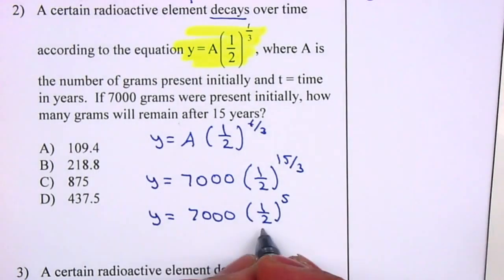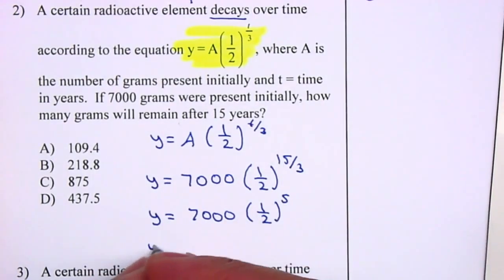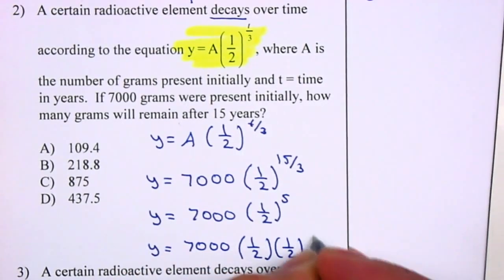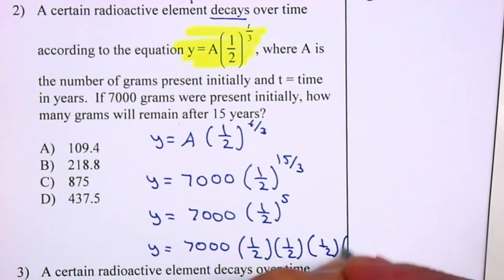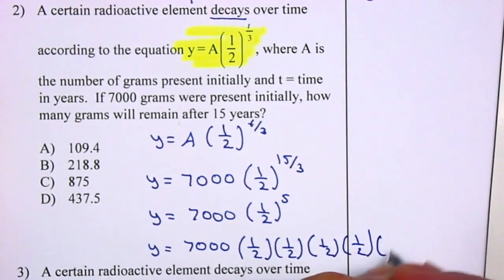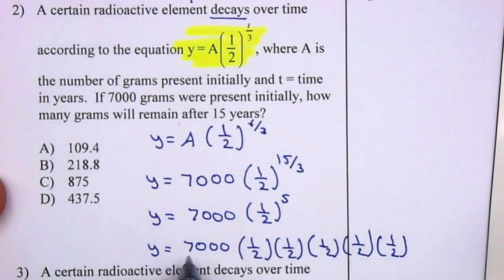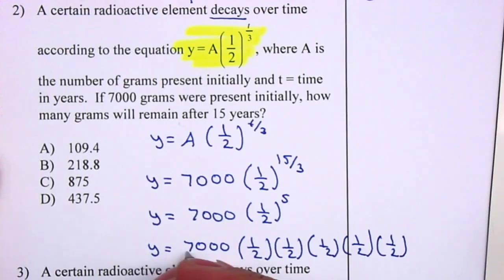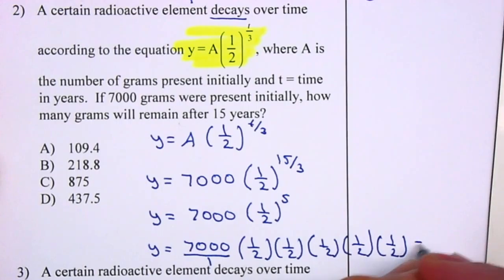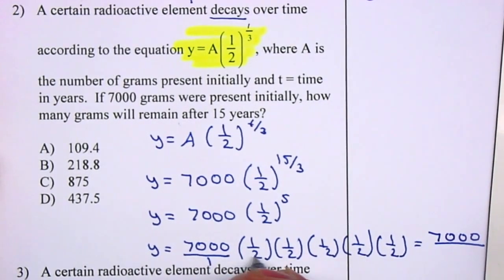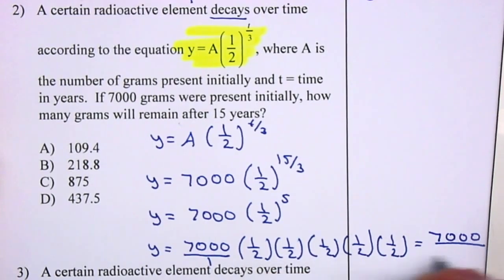I'm going to rewrite this 5 times: 7,000 multiplied by 1/2, multiplied by 1/2, multiplied by 1/2, twice more, 1/2, and one last time. Because I'm multiplying a whole number by fractions, I'm going to place it over 1 and multiply across. 7,000 times 1 will be 7,000. 1 times 2 is 2, 4, 8, 16, 32.